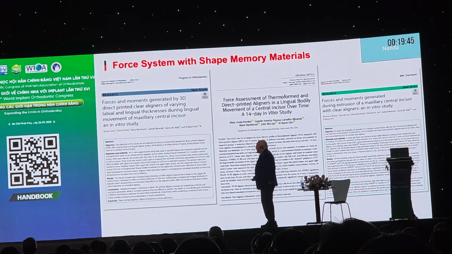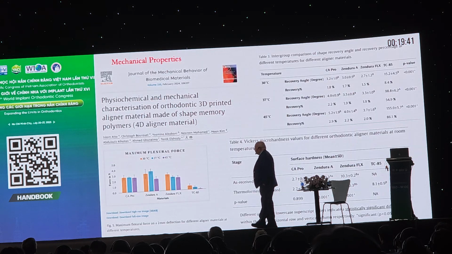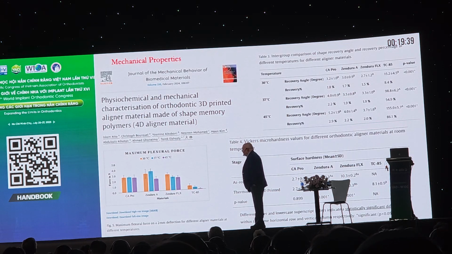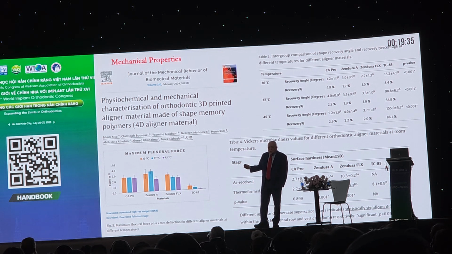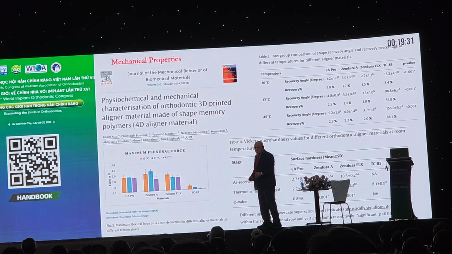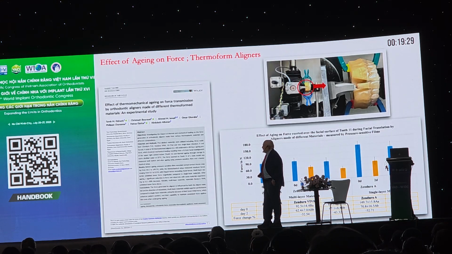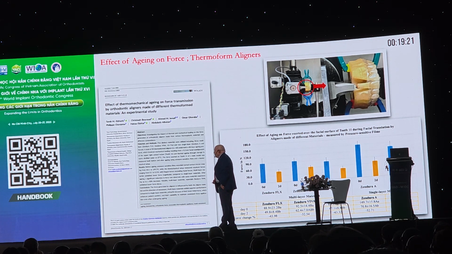These are all studies from Dr. Kim's department, and I think he's going to talk in detail about these. But I just wanted to show you the amount of work which is being done in this area. Effect of aging: what happens after 7 days compared to thermoform aligners?